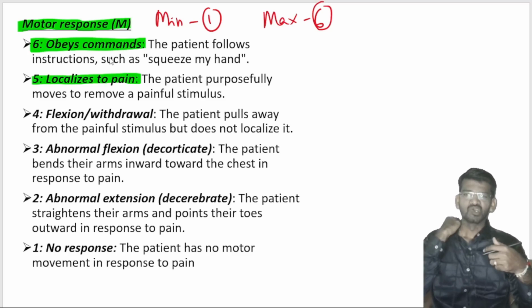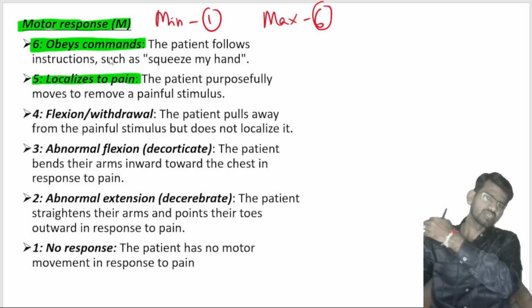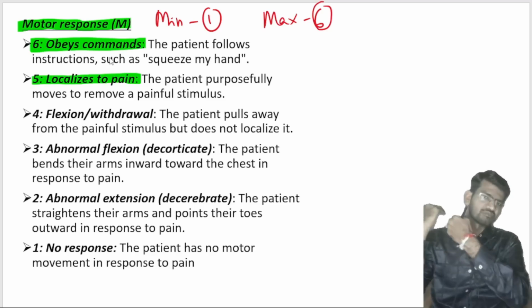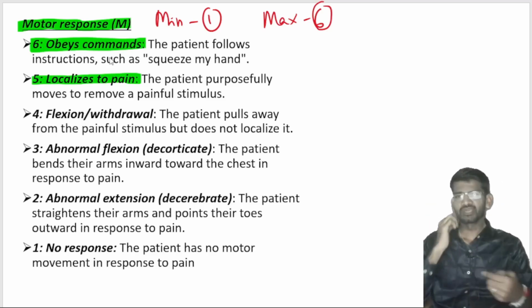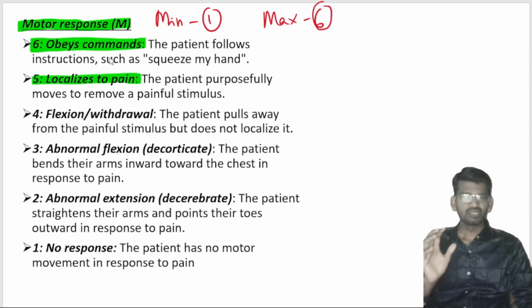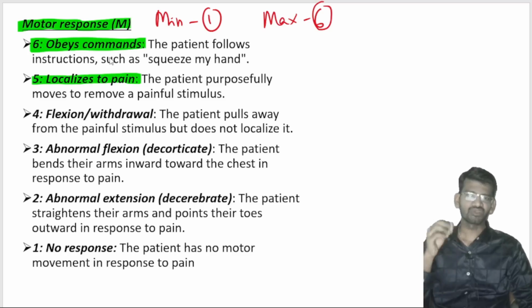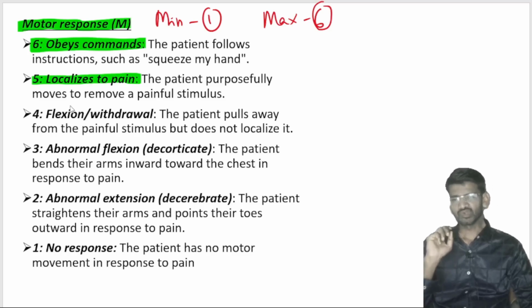When you squeeze the trapezius muscle and the patient localizes, he will try to take your hand away, which means he is localizing the pain where you are making the stimulus. It means the patient is able to identify where the pain stimulus is being given. So this is localizing the pain.